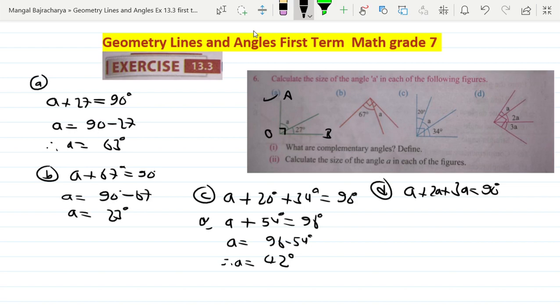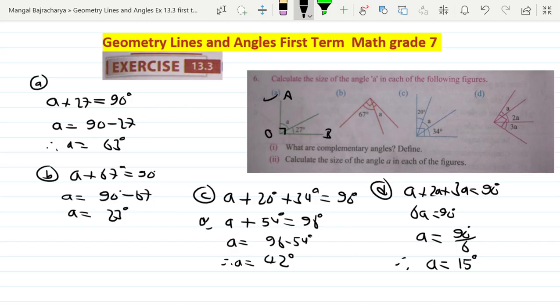As they all are plus over here, they'll be added. 2A plus A is 3A, and 3A plus 3A is 6A. So 6A equal to 90 degrees. Then we bring 6 down for dividing 90. So this way we get A equal to 15 degrees, since 6 times 15 is 90.